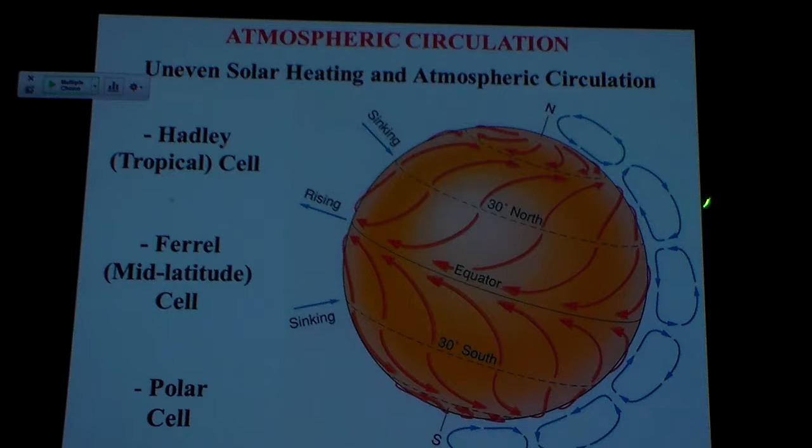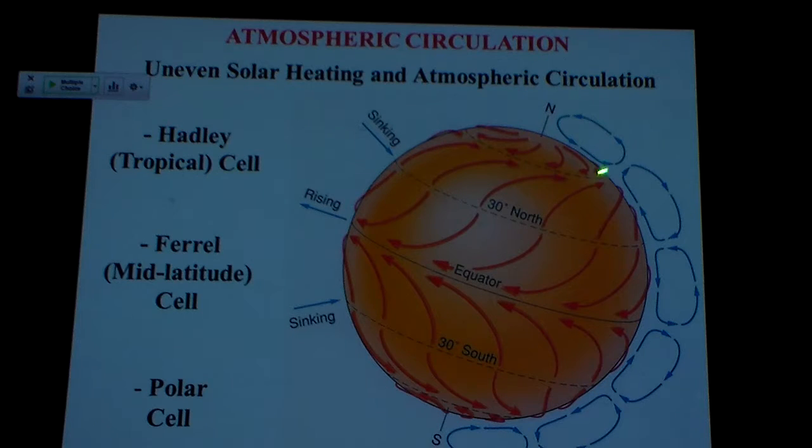So what happens in between the 30th and 60th parallels? Well, here's where I get kind of that reverse gear effect. Here's what I mean. Notice in this cell down here, it's rotating counterclockwise. And as it sinks at the 30th parallel, it kind of pulls a little air in from the other side of the 30th parallel, and it starts to sink and move down toward Earth also.